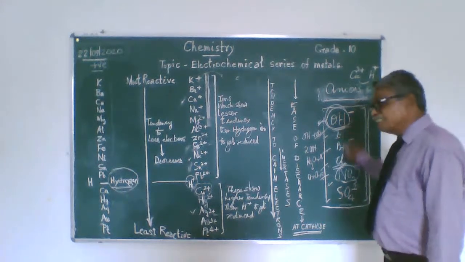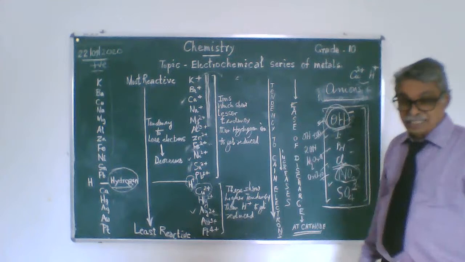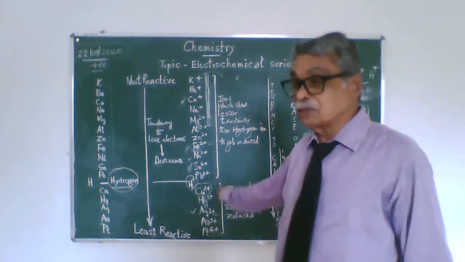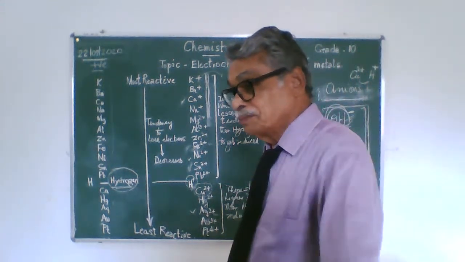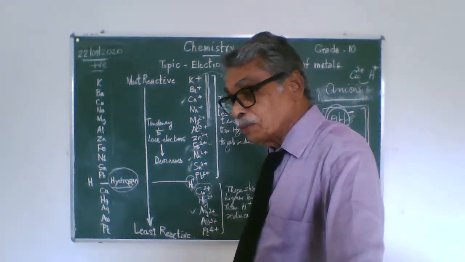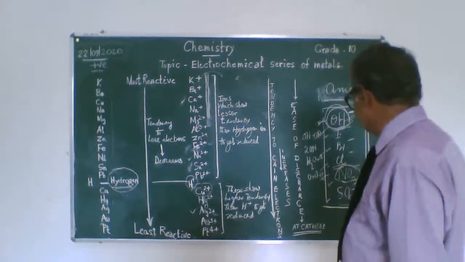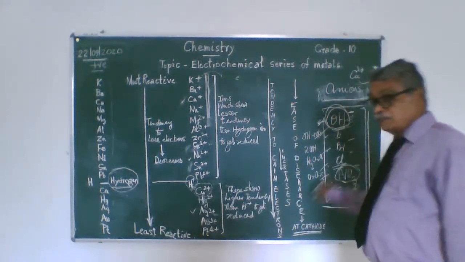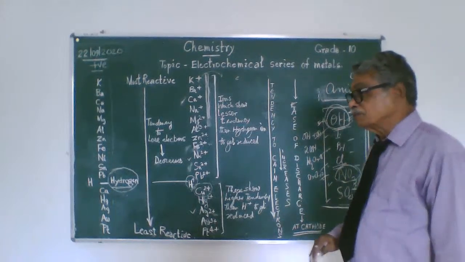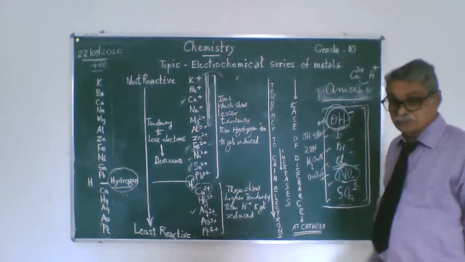If these are present, the one coming out will be hydroxide ion. Hydroxide ion combines with another hydroxide ion, forms two OH, that is H2O plus O, and oxygen comes out. So if you know this thoroughly, then we can go to selective discharge of ions.